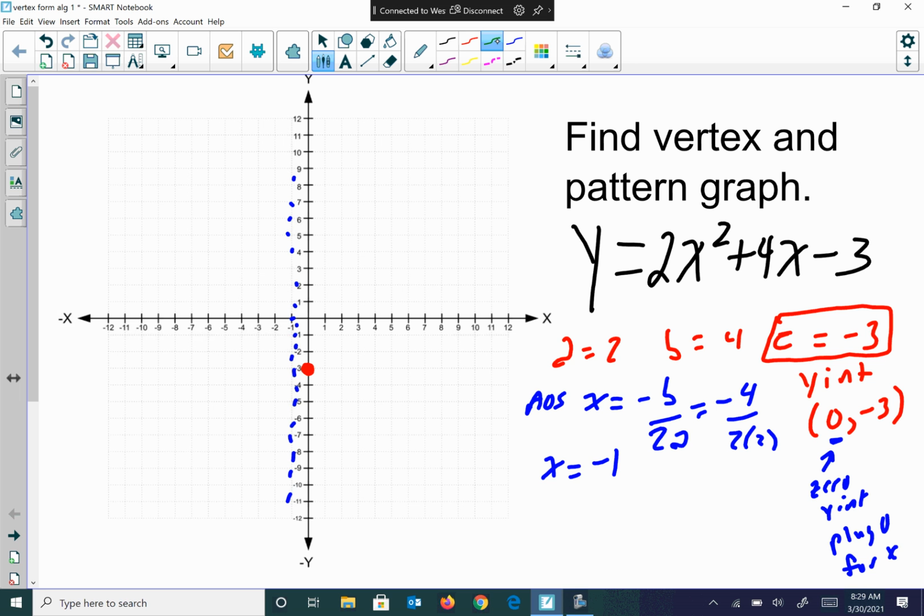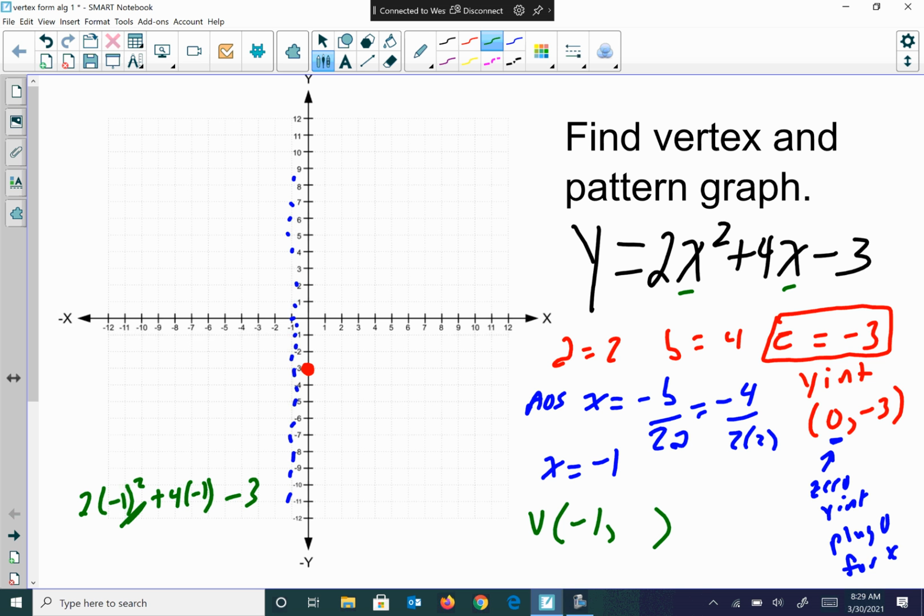All right, so if I know the axis of symmetry, that means I know the vertex, or part of it. I get (-1, something). What do I do with that -1 in order to get the y value? Plug it in for x. Plug it in here and here. So I'm going to get 2 times -1 squared plus 4 times -1 minus 3.